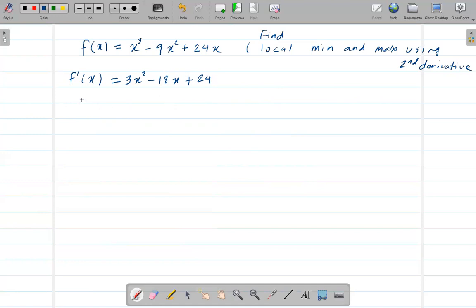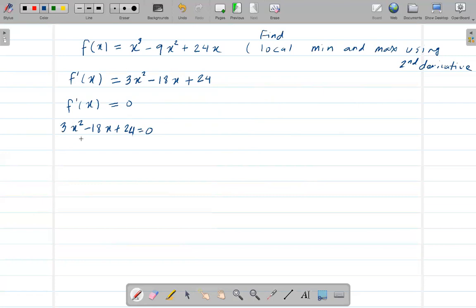So now let's say this is equal to 0. So 3x squared minus 18x plus 24 is equal to 0.